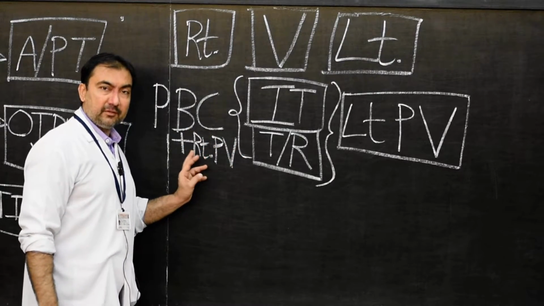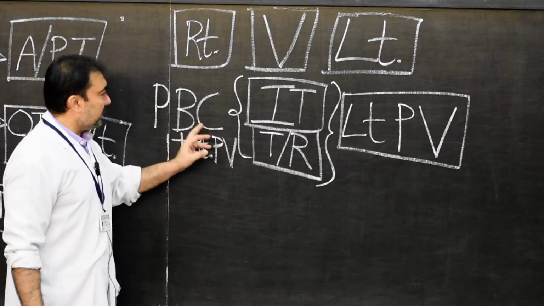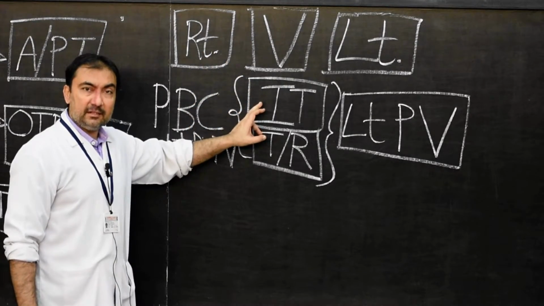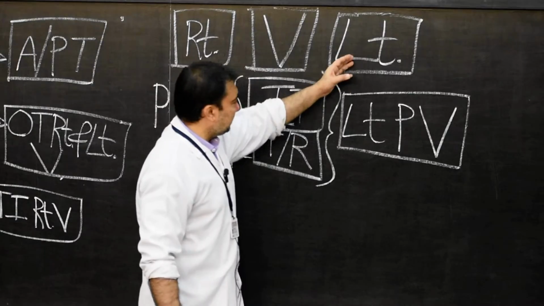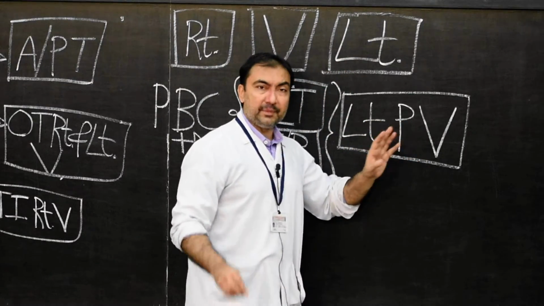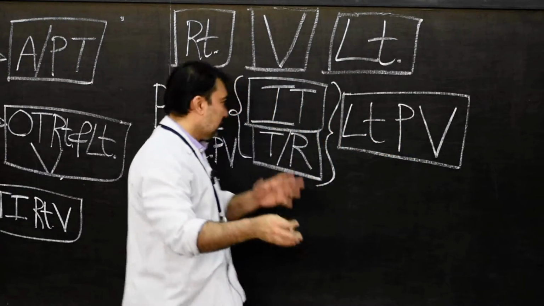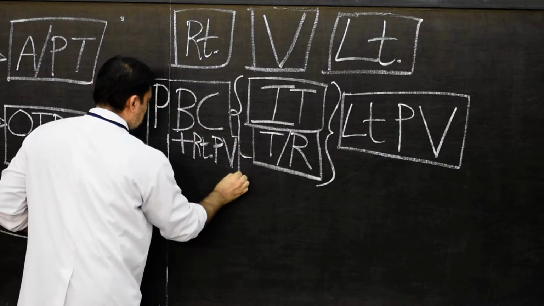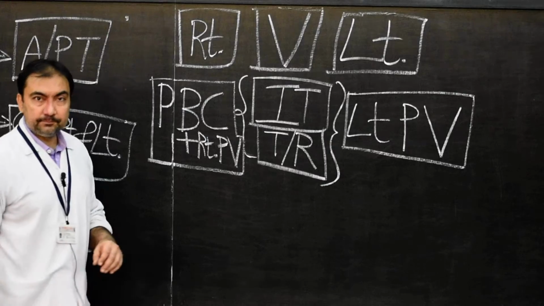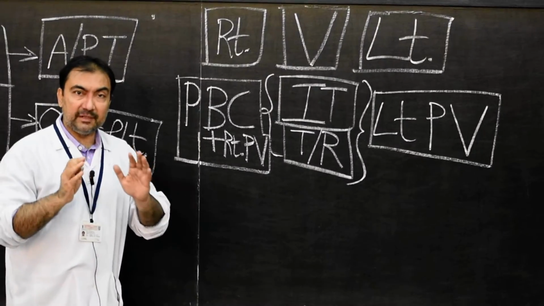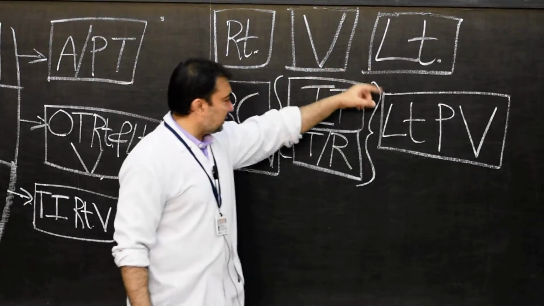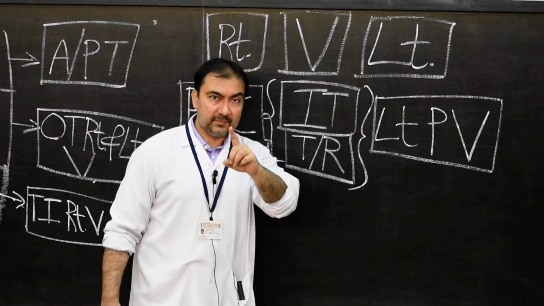Right half of primitive ventricular chamber will help in development of the right ventricle. Which portion of right ventricle? Inflow tract. Similarly, the left ventricle inflow tract from the left half of primitive ventricle only. So here I'll make this square. Inflow tracts of both the ventricles are over. Right ventricle inflow tract from 2 sources and left ventricle inflow tract from 1 source.